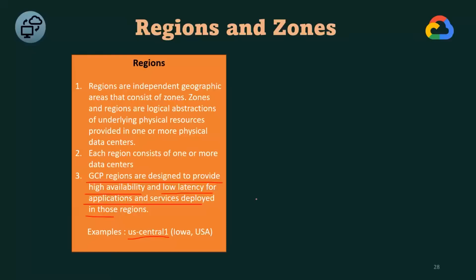Each region is a collection of zones, which is a collection of machines, a collection of data centers. And the main importance of regions and zones is that they are designed in such a way as to provide you high availability and low latency for your applications deployed on the Google Cloud platform.